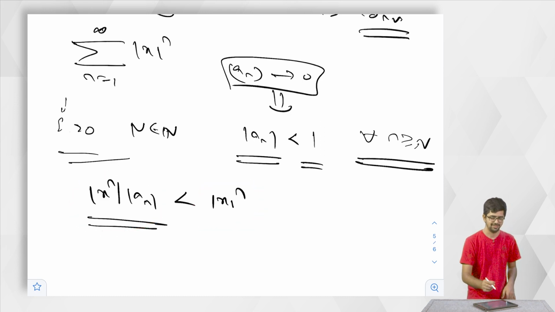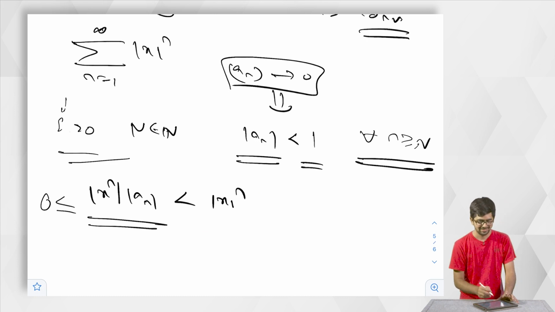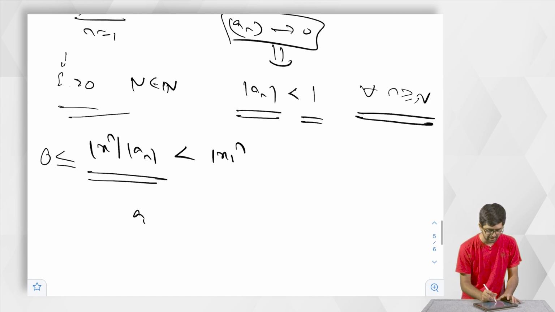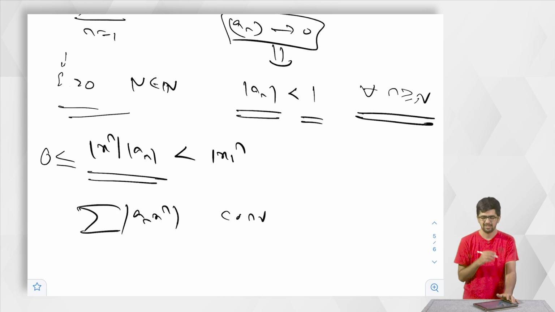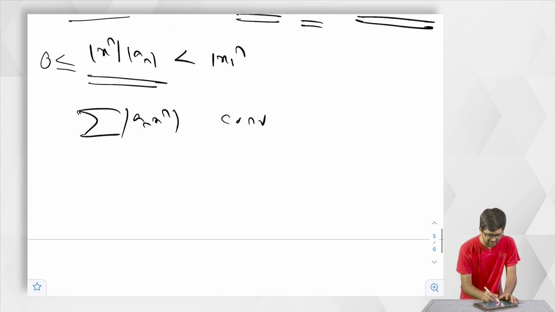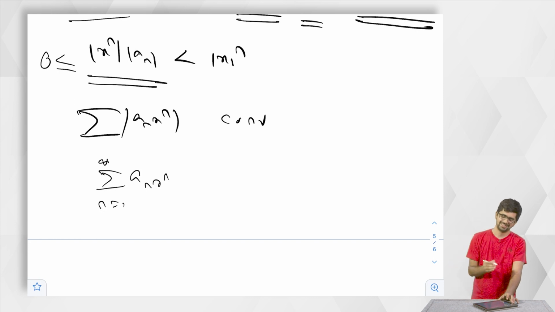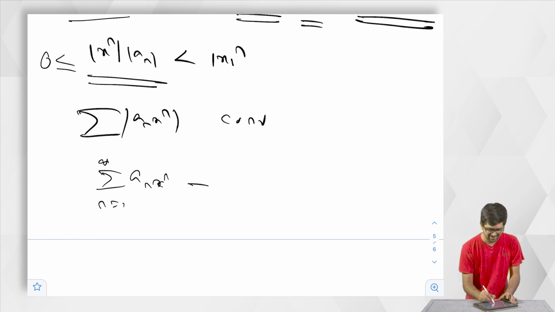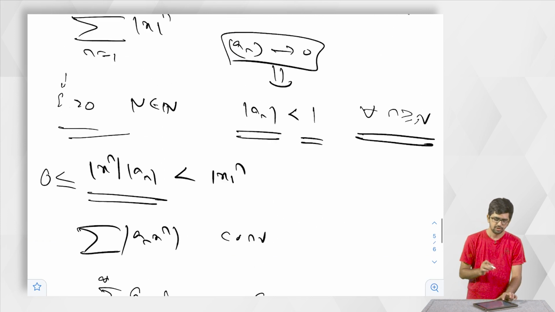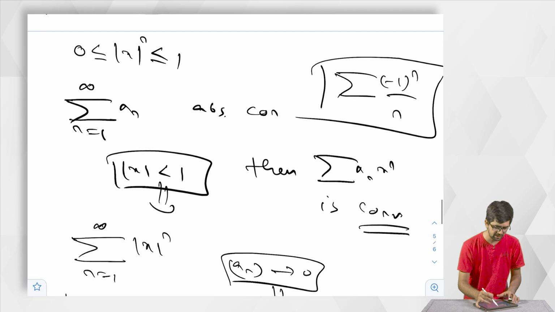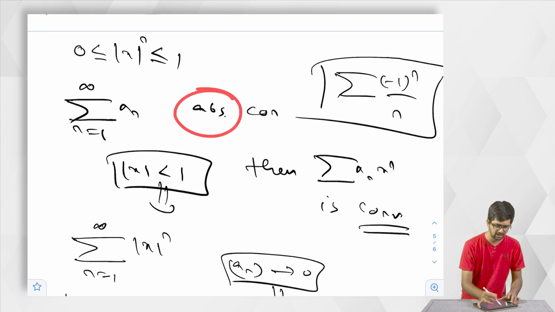Same comparison test: 0 less than or equal to this, that says the summation of mod a_n x power n is convergent. That means the summation of a_n x power n is absolutely convergent, which implies convergence. So what we have done is we have even got rid of this absolute convergence condition also.